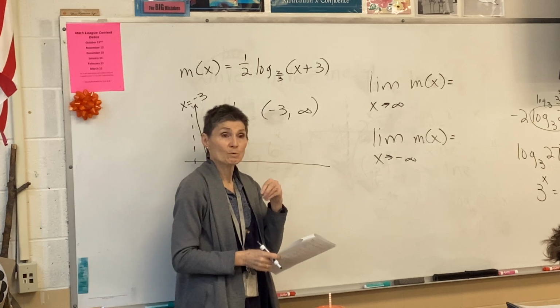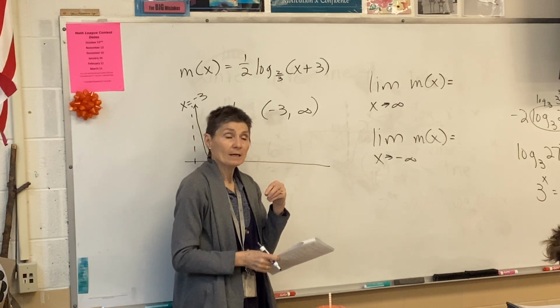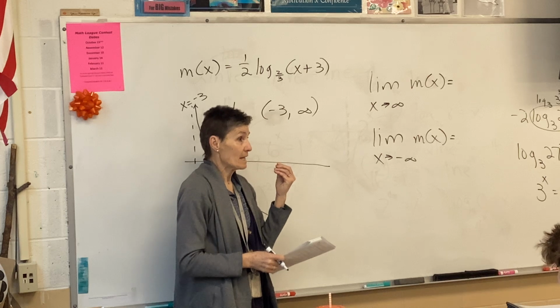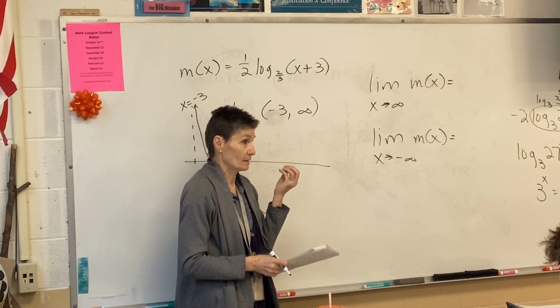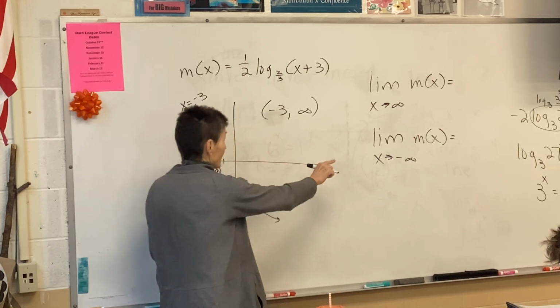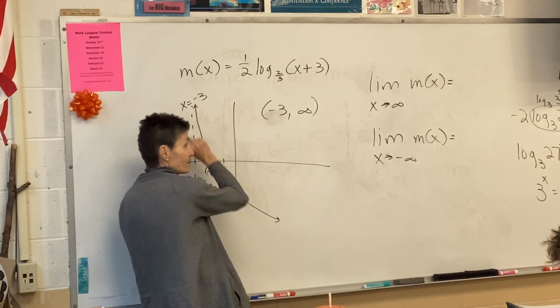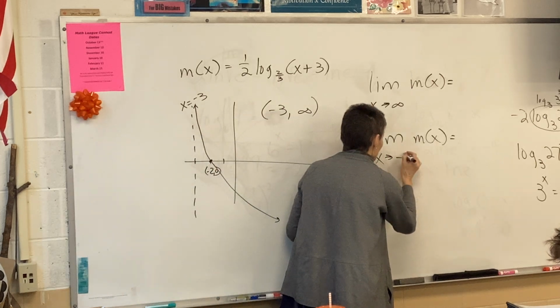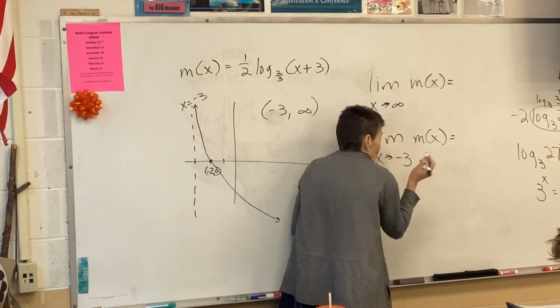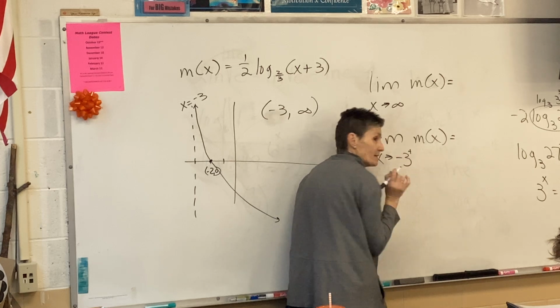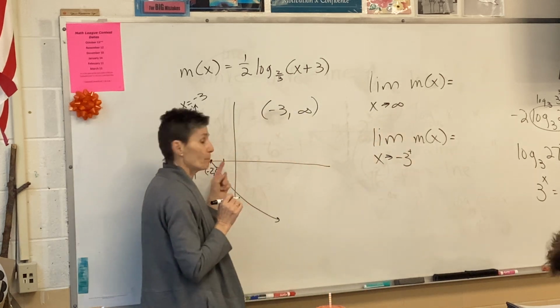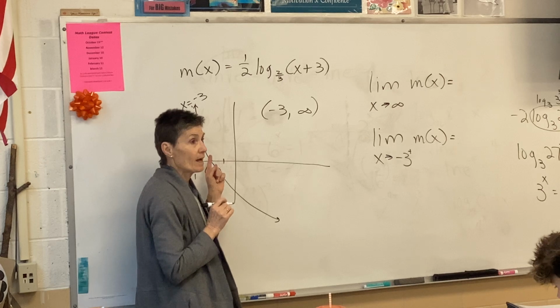But with logarithms, we have to modify that because why? They can't go all the way to the left. So instead of saying -infinity, we're going to say -3. And if you want to be really on top of things, put a plus there because we're actually approaching it from the right side.